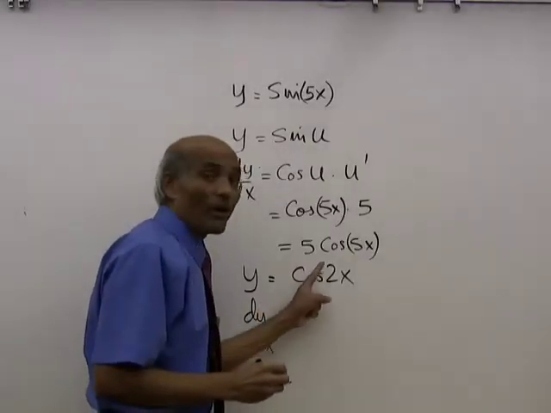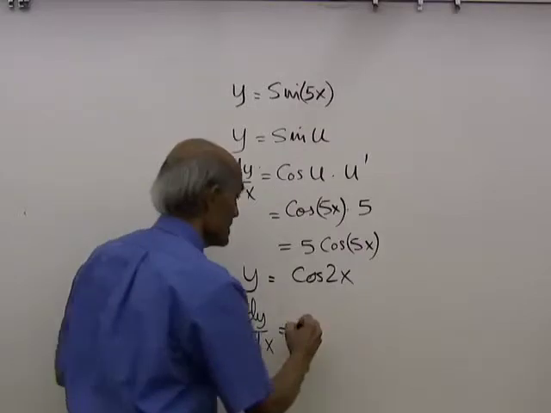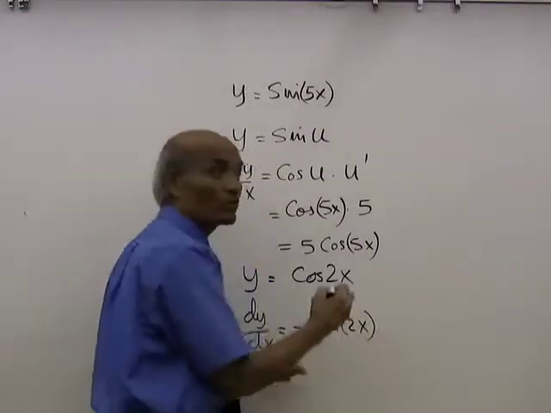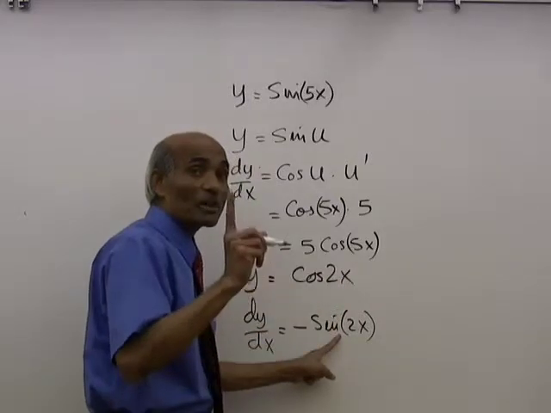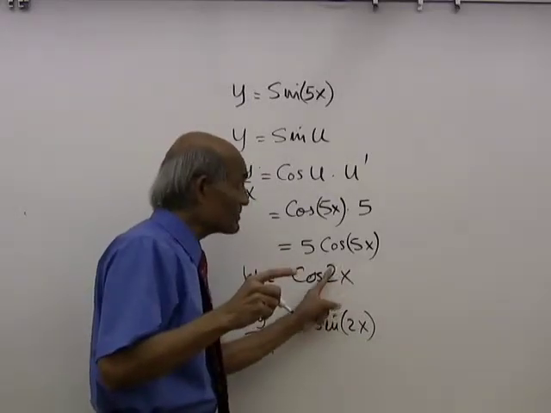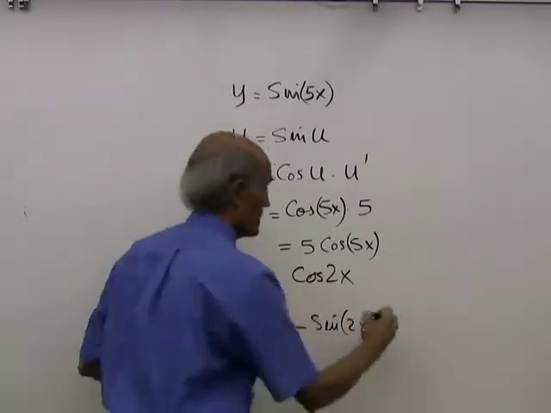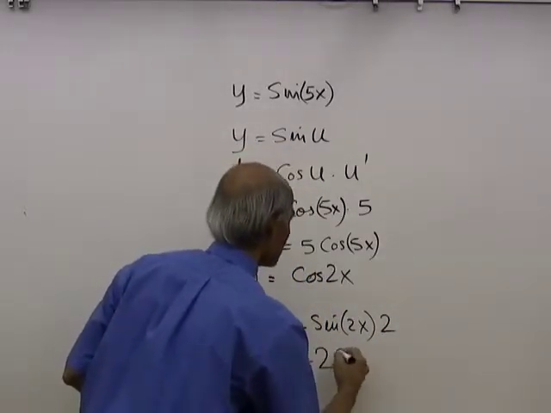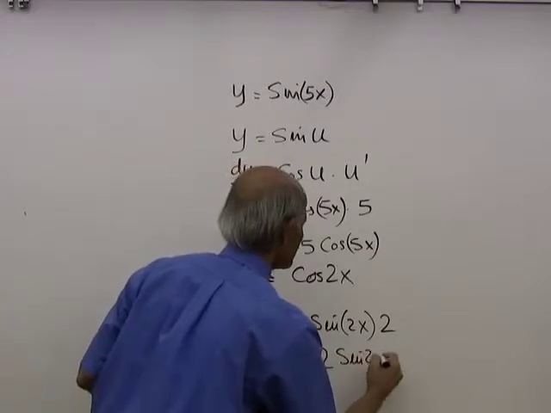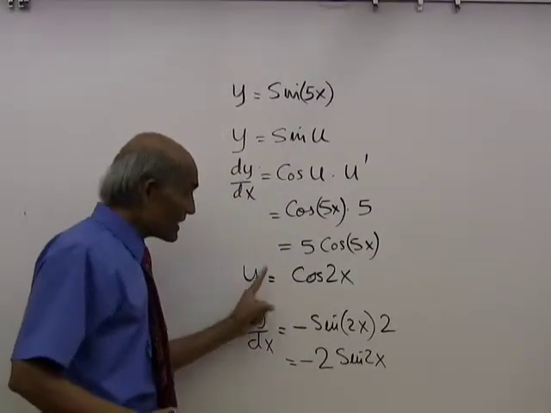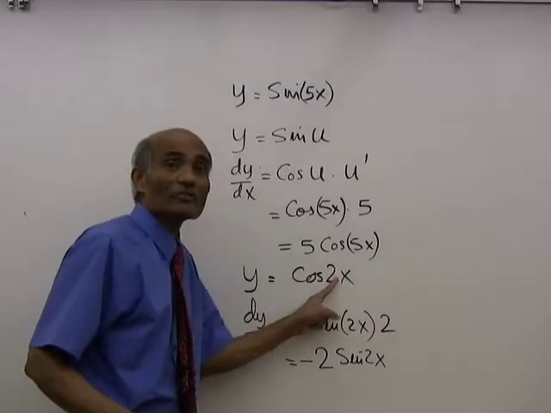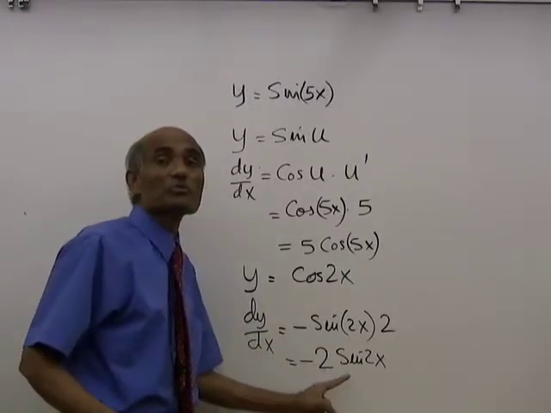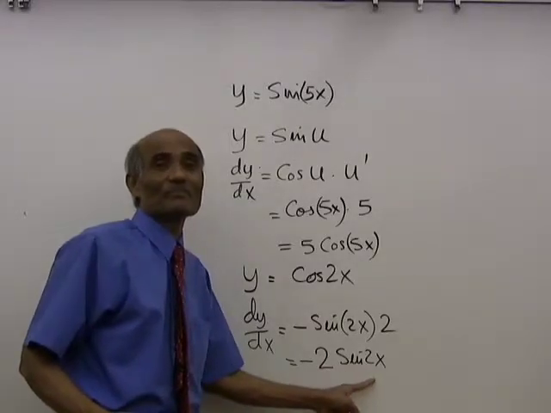The derivative of a cosine quantity is negative sine of that quantity, but you can't stop there. Multiply it with the derivative of that quantity. That will be 2. So the answer is negative 2 sine 2x. If y equal to cos of 2x, then dy by dx is negative 2 sine of 2x.